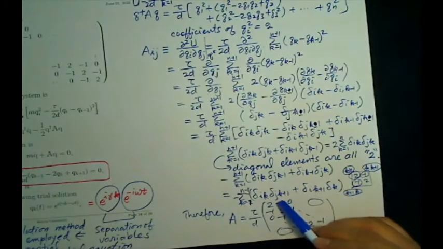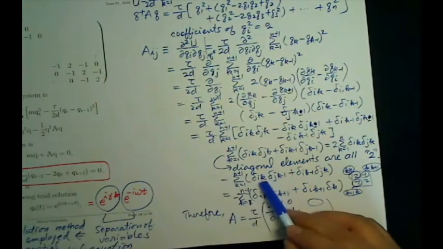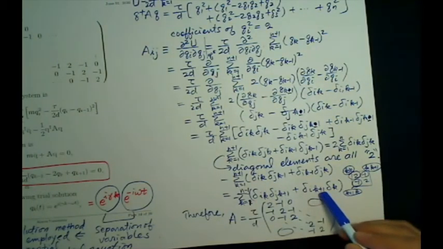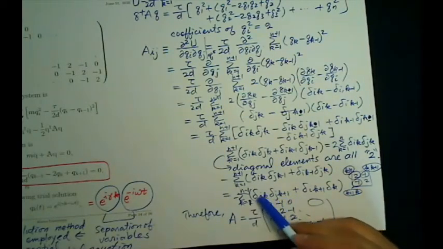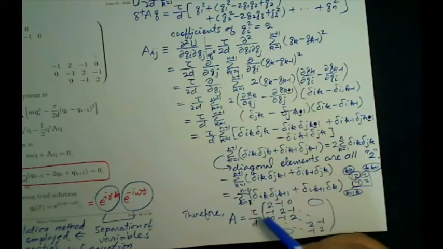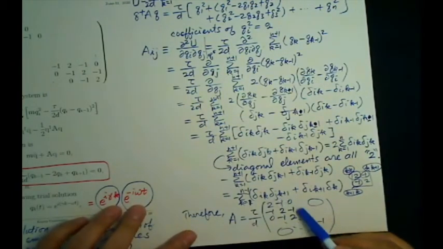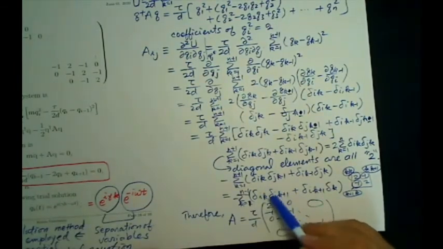In a similar manner, we can add these two with k replaced by k plus 1, and the final result is like that. This means i and j differ by 1, and j is greater than i by 1. All of these terms with the negative sign are represented by this one.